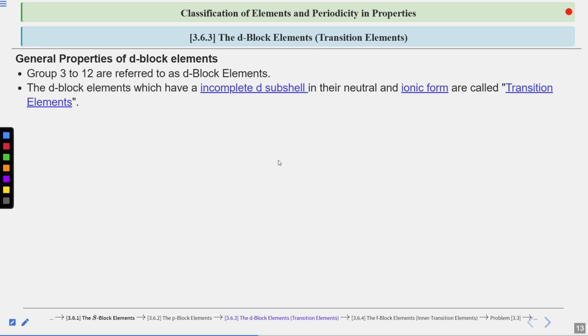The second part is that this incomplete D subshell can be considered in the neutral and ionic form both. Suppose a metal has a complete D subshell, but in one of its ionic states it has an incomplete D subshell, then it will also be called a transition element. So this is an important point.